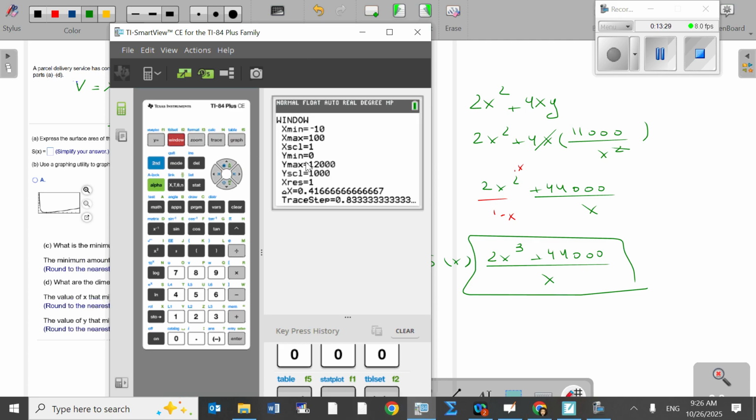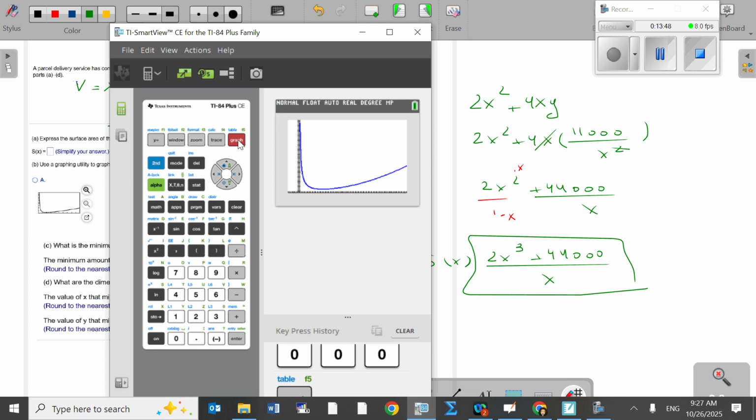And the y max is from 0 to 1200, because I had a big number here. I can choose anything else. I could choose 55,000 because I have a really big number here. And when I graph it, this is what I have so far.